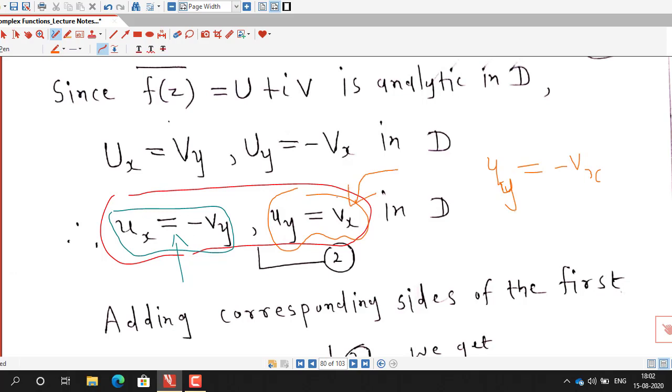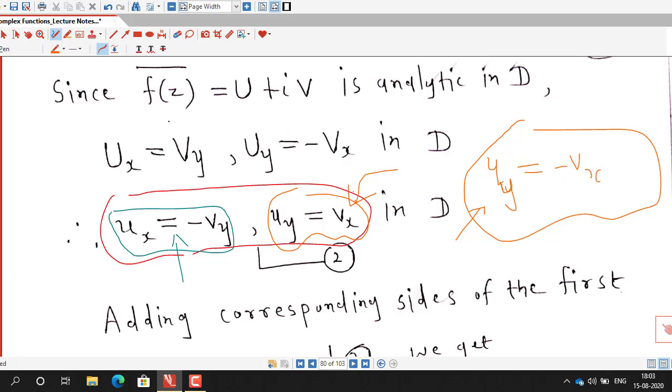So if I want to cancel out del u by del y, I will take the difference of these two equations. So if I subtract this equation from this one, del u by del y will cancel out and vx will be added.